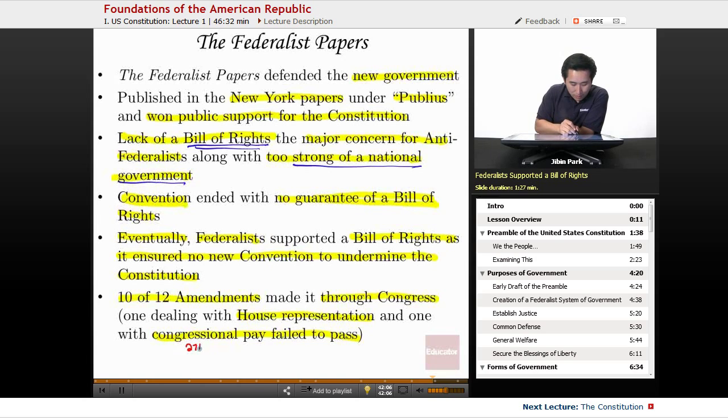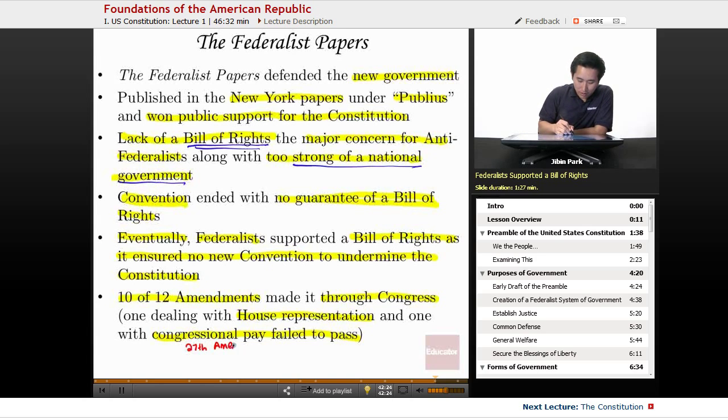But the 27th Amendment, it was ratified in the early 1990s. So the time that elapsed between proposing the amendment and ratifying was 200 years. So that was kind of an interesting situation.